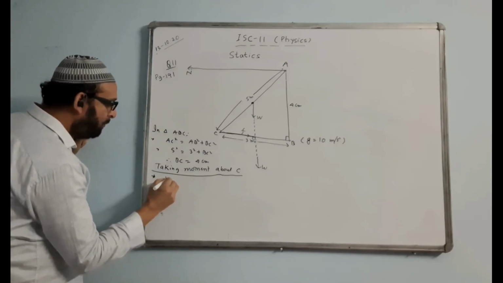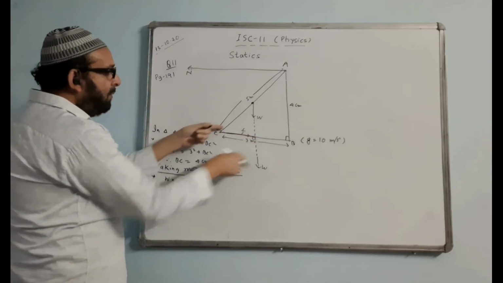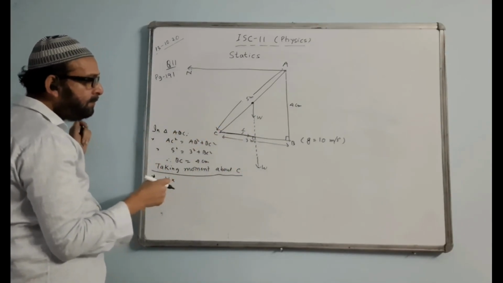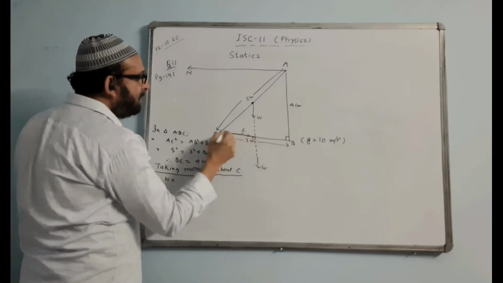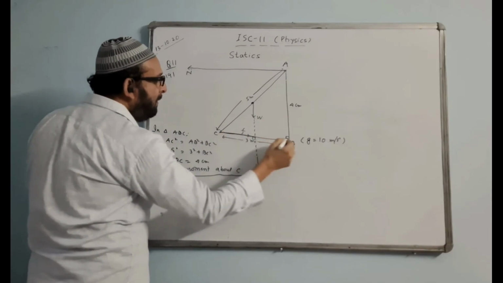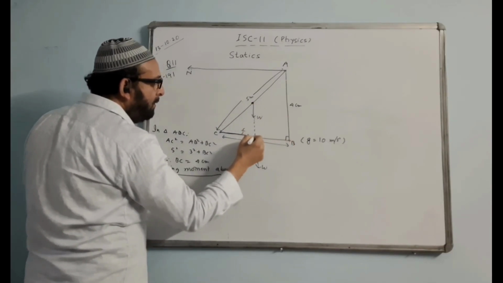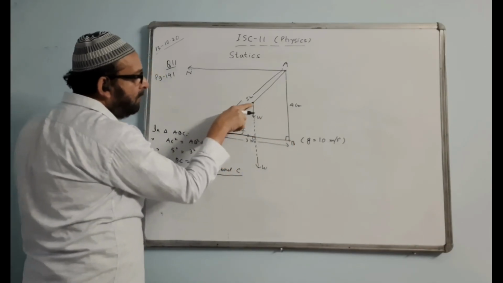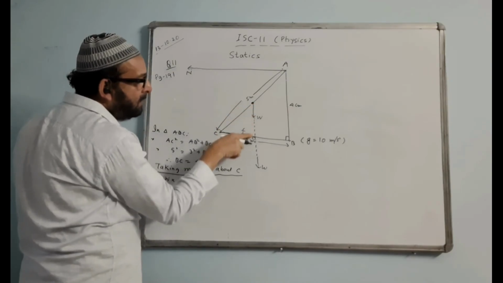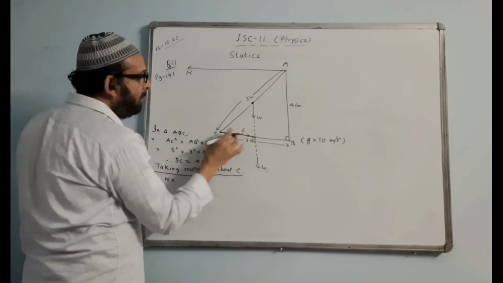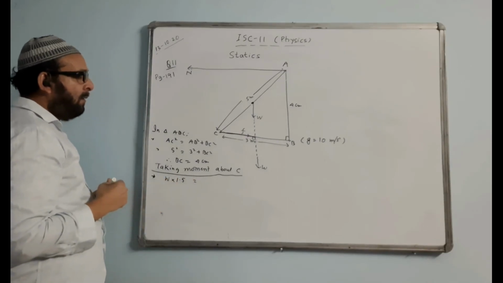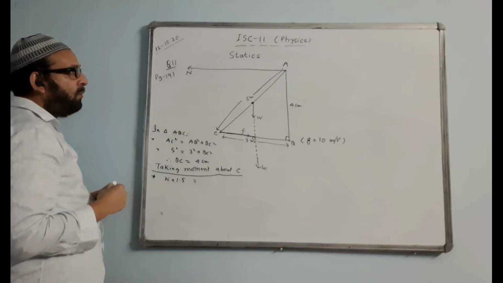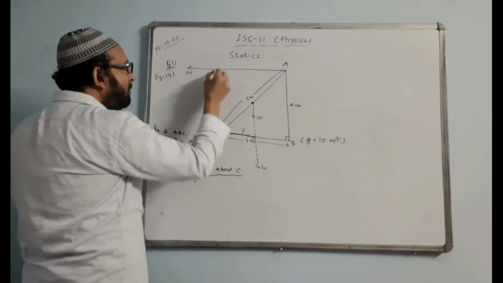W into this distance will give clockwise moment. The distance from here till here is half of the total 3 meters, because this is the midpoint, and the line is parallel, so this will be another midpoint. That is 1.5.